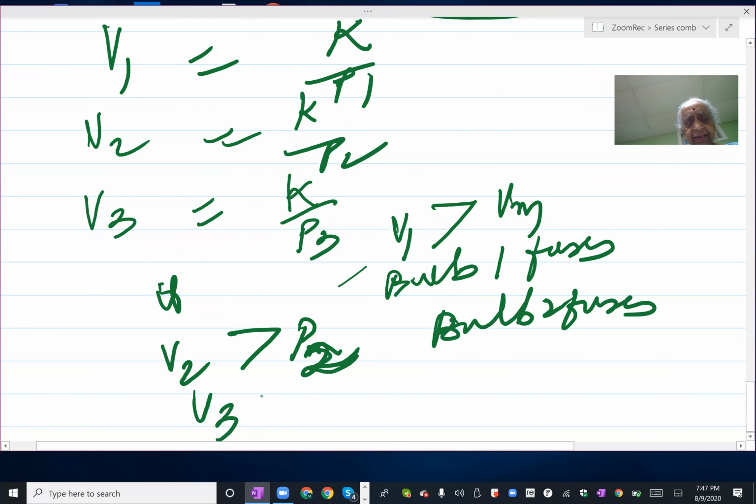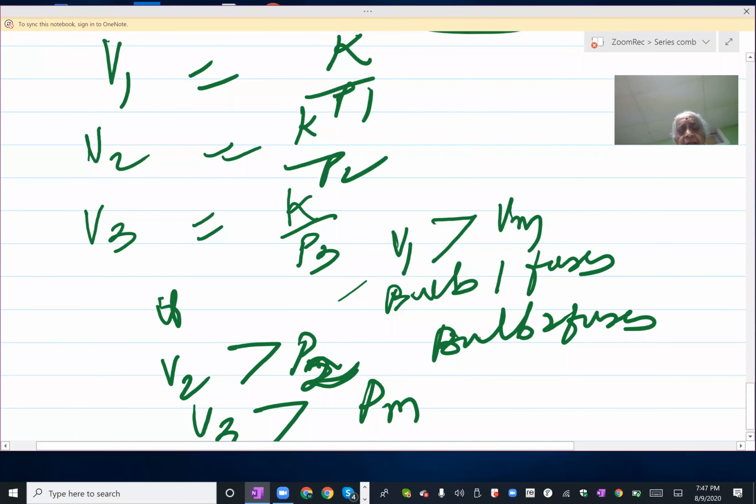If V3 is greater than V marked, then bulb 3 fuses. V2 is greater than Vm marked, I'm sorry, V2 is greater than Vm or V3 is greater than Vm. In either case, bulb 2 will fuse or bulb 3 will fuse.